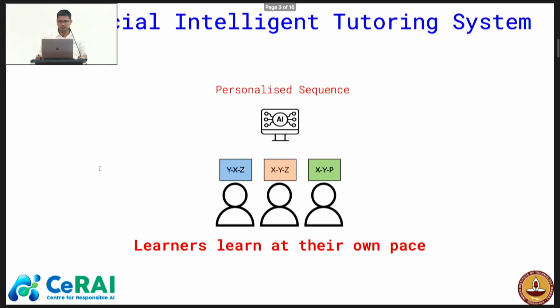So what we want to look at is AI systems in general, artificial intelligence based tutoring systems, where you allow the learners to learn at their own pace. The same sequence of material is not presented to each and every person, and each person has a different amount of exposure to each lesson, so that each learner learns at their own pace.